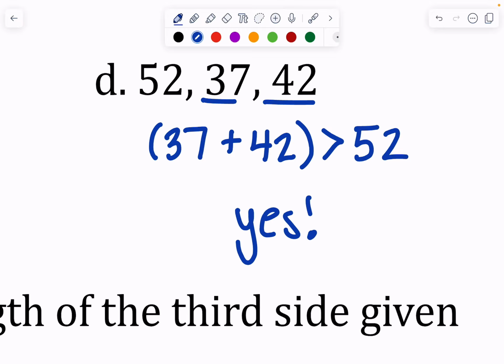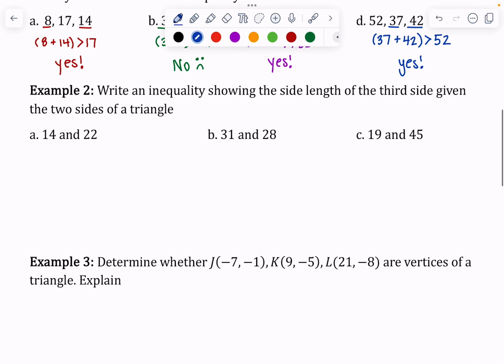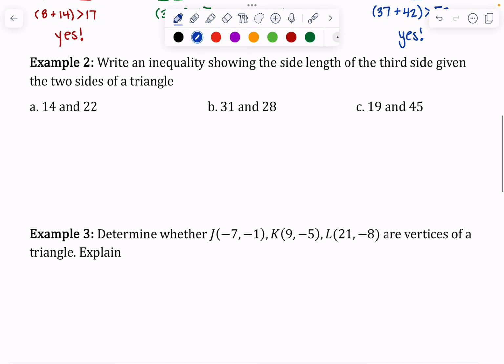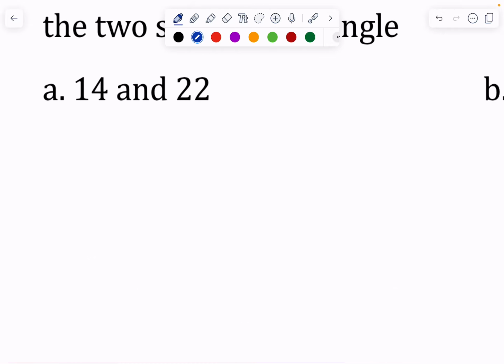Okay, so now what if I give you two sides of a triangle? Can you figure out what the third could be? Now, there's going to be a range, okay? We know that if I have three sides of a triangle, 14, 22, and x, these two need to add to be bigger than the third.